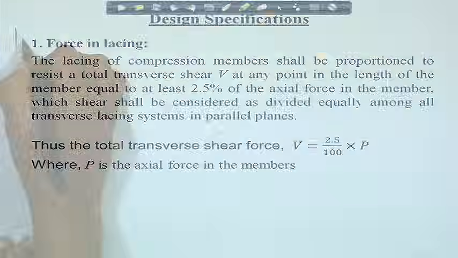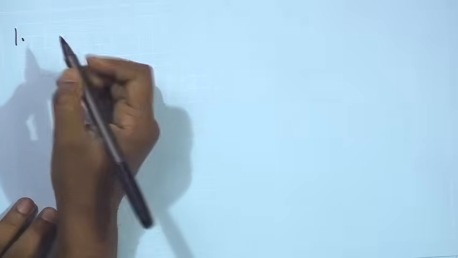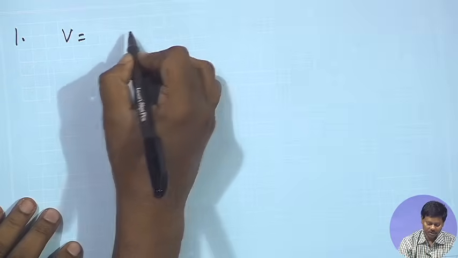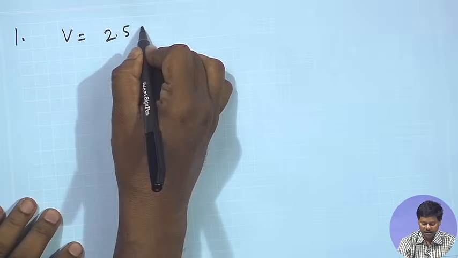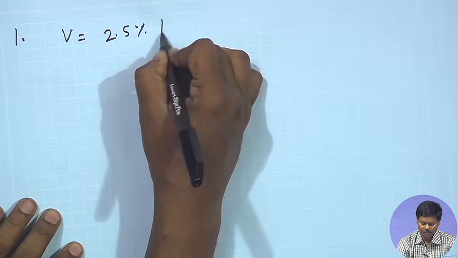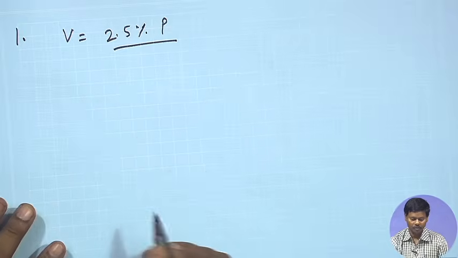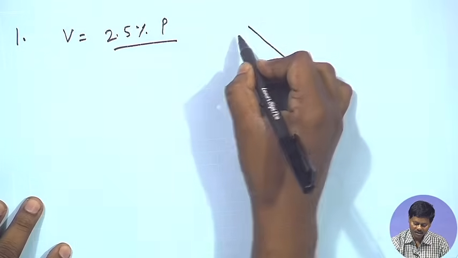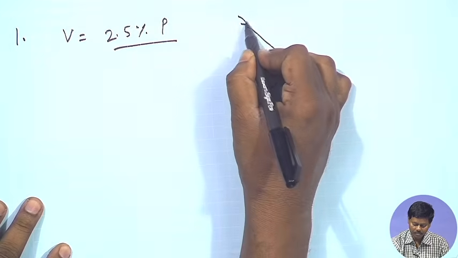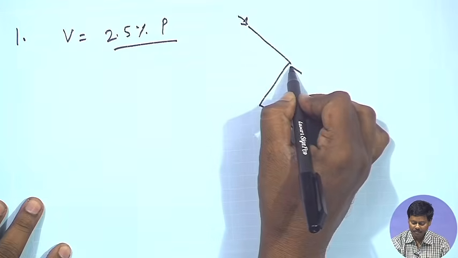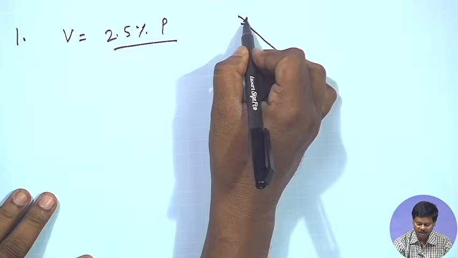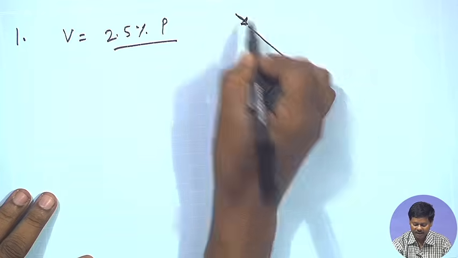In design specification, first it is told that the total transverse shear force V will be 2.5% of the compressive force P, because when we design a lacing, the lacing will undergo some compression in one member and tension in the other member, which means some forces will be acting here.